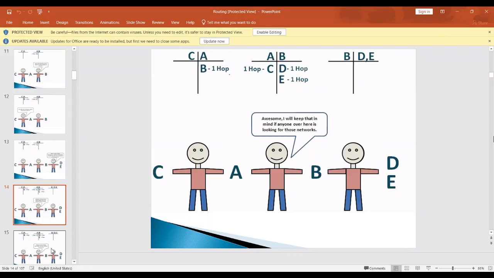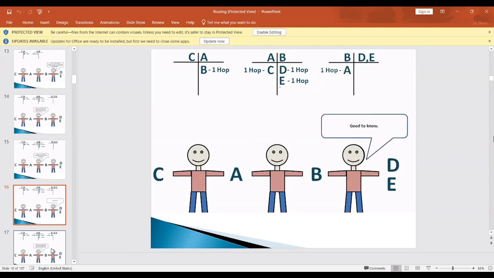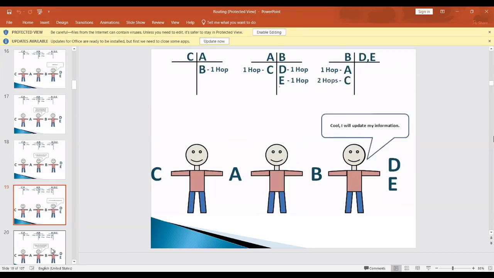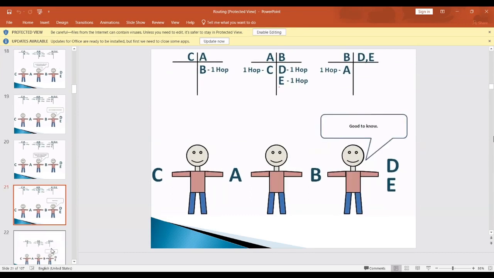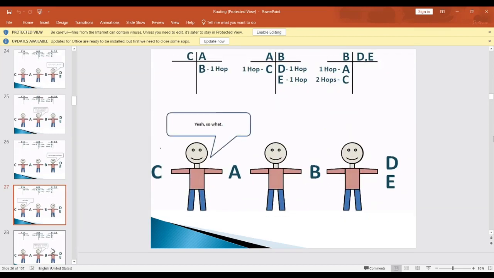Because of this knowledge, whenever an IP packet reaches a router, it is capable of directing this packet to the correct destination passing through a minimum number of hops, right? Hops mean number of routers. So you can see how these IP tables are updated gradually one by one, and ultimately they are saturated with this information.